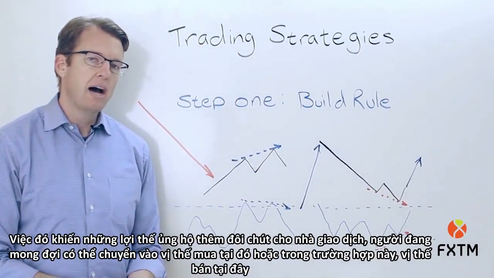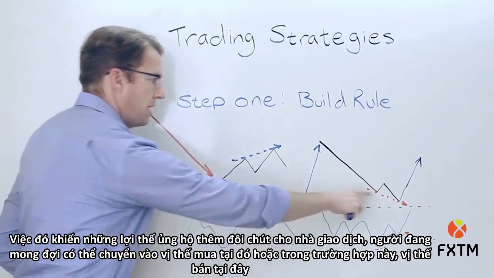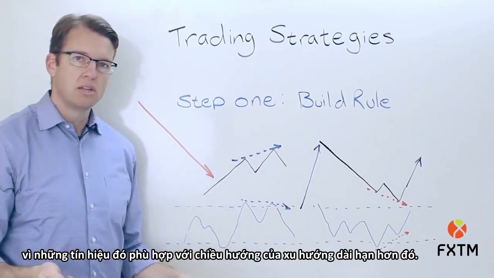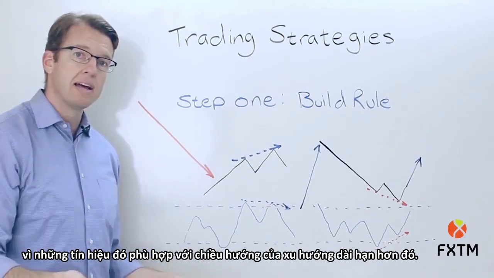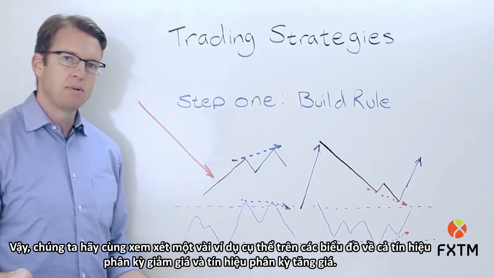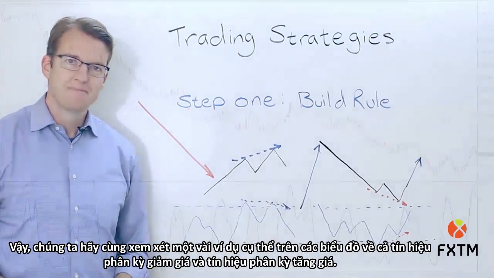That helps to put the odds a little further in favor of a trader who's looking to enter a long position there, or in this case, a short position here. Are those signals conforming to the bias of that longer-term trend? So let's take a look at a couple of specific examples on the charts of both a bearish divergence and a bullish divergence.